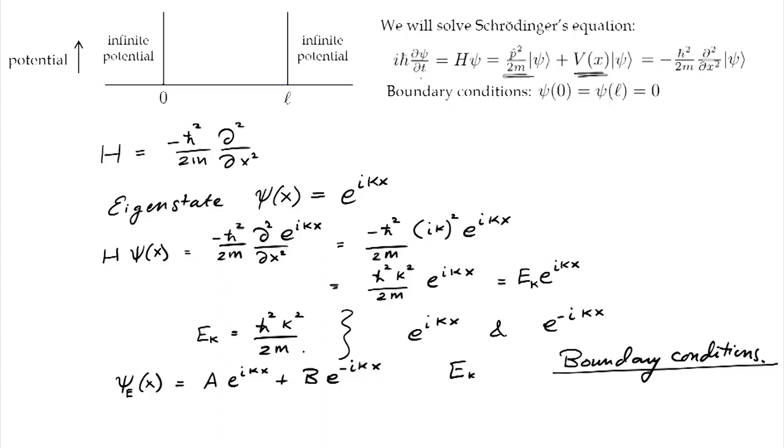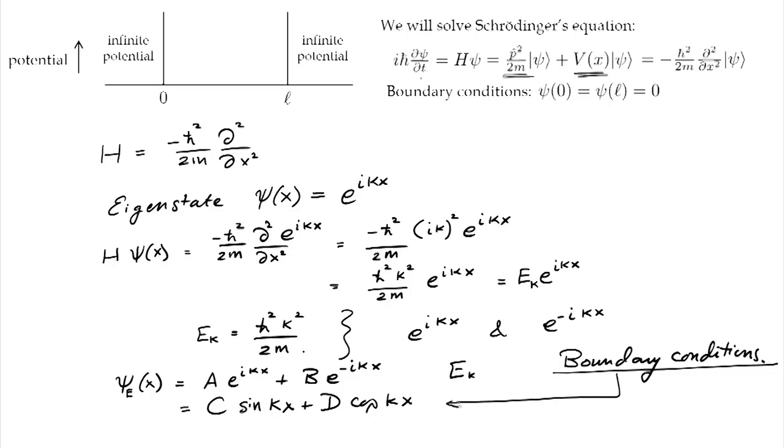So you can express each of these in terms of sines and cosines, and so we'll write it instead as c sine kx plus d cosine kx. And now what we want to do is impose our boundary conditions to figure out c and d.